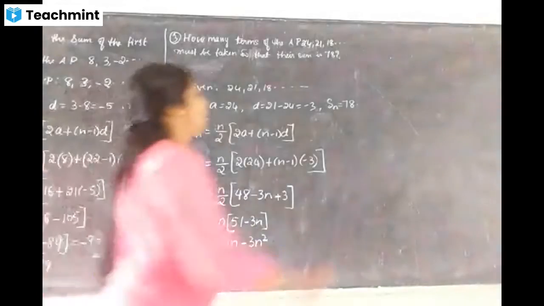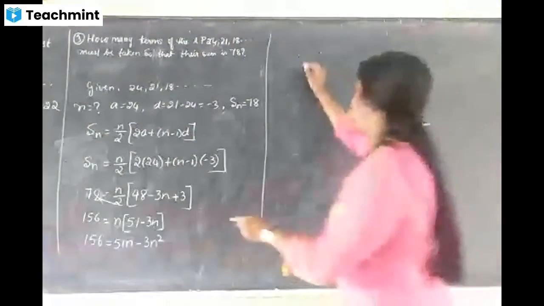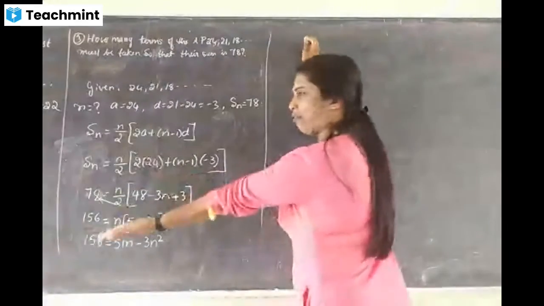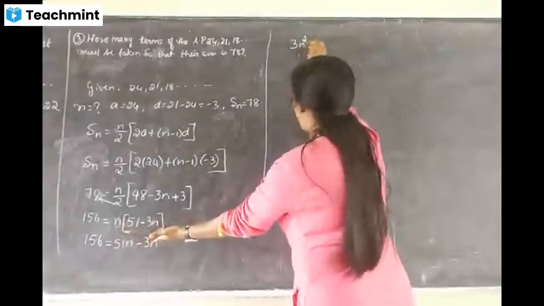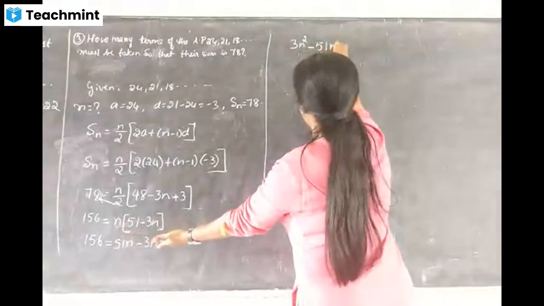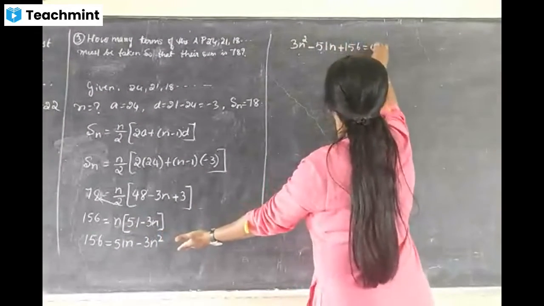Write it properly in the order power wise. So I'll take everything to the left side: 3n square minus 51n plus 156 equal to 0.